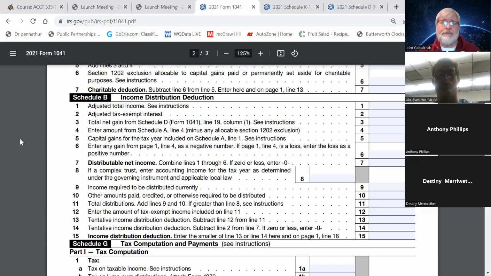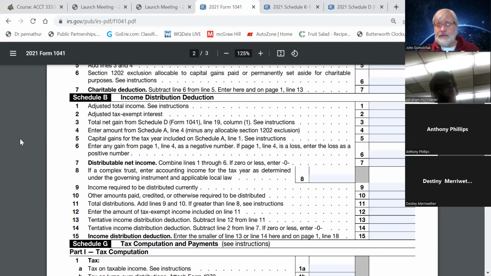Okay, so when we did the corporation, the C corp, capital losses were not deductible; they were allowed to be carried over. When we did the pass-through entities of the 1120S and the 1065, we did capital gains and losses on Schedule K, and they ended up being distributed back to the individuals.